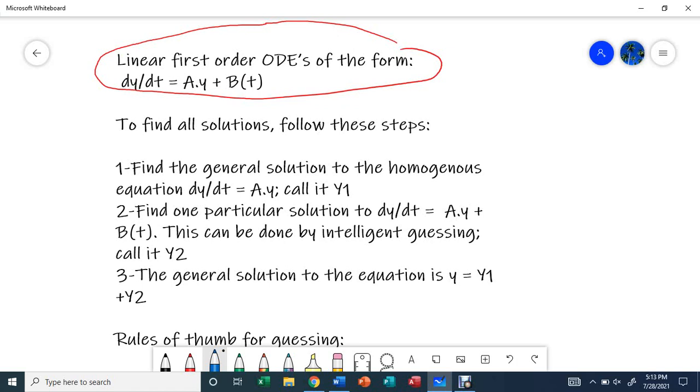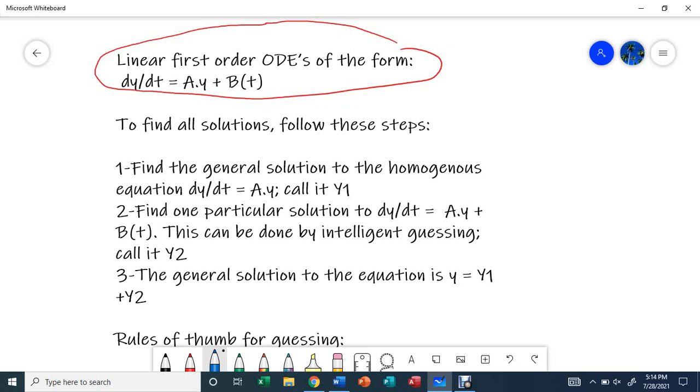This can be done by intelligent guessing, and we're going to talk about how you can guess a particular solution. You can name this solution y2. And the final step, your general solution to the equation is y equals y1 plus y2.